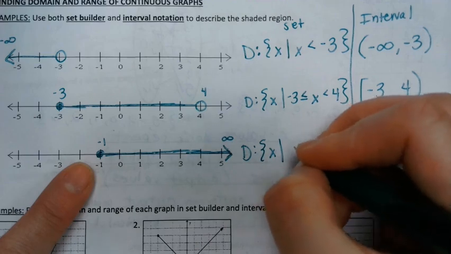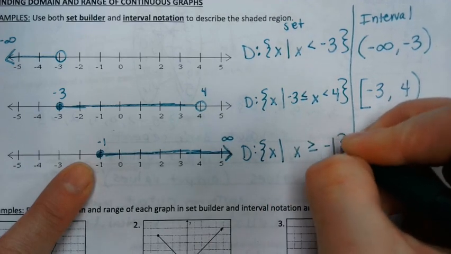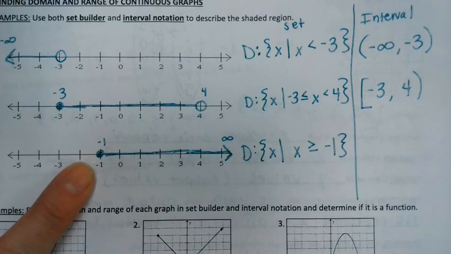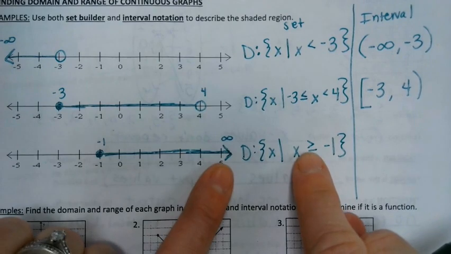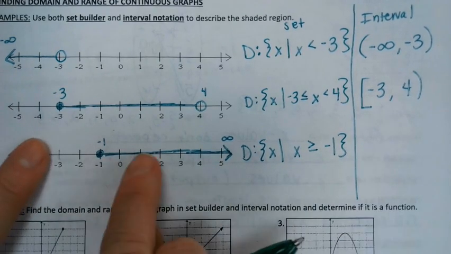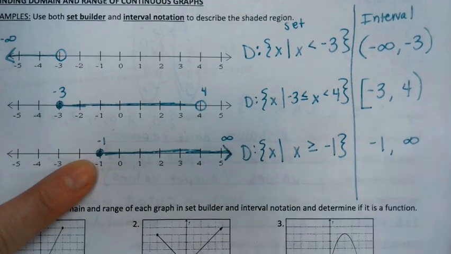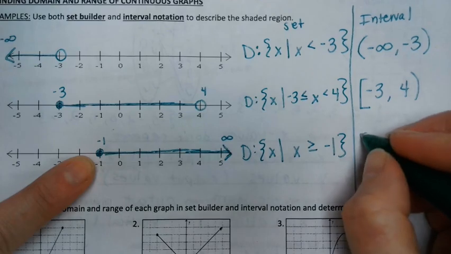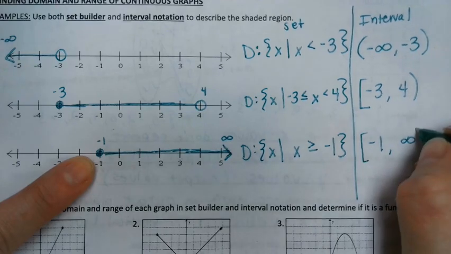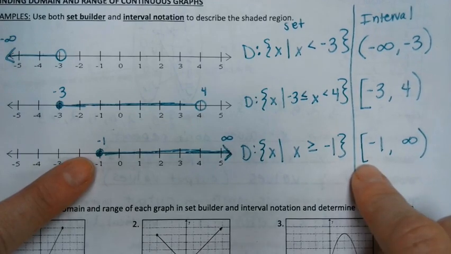Or we could say x is greater than or equal to -1. And you can also see these match. And then our interval notation, we're going to use these two numbers. So -1 comma infinity. This is a bracket. And this is a parenthesis. Parenthesis is always with infinity. Bracket is always with closed circles.